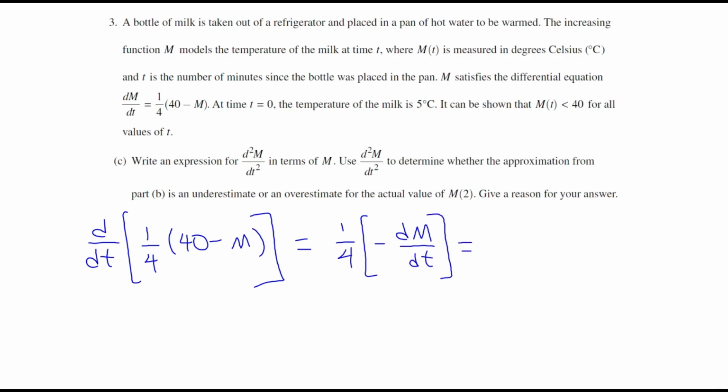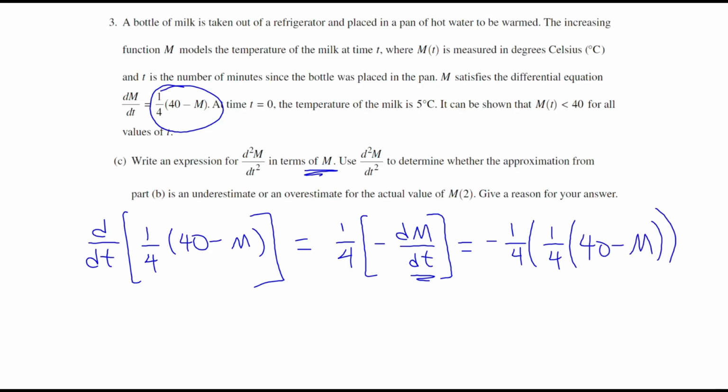And so we need to replace the dm/dt with what dm/dt equals, because it says to write this in terms of m, and having it as dm/dt is not in terms of m. So what we've got is negative 1/4 of dm/dt. So negative 1/4 of 1/4 of 40 minus m. Or in other words, negative 1/16 of 40 minus m.